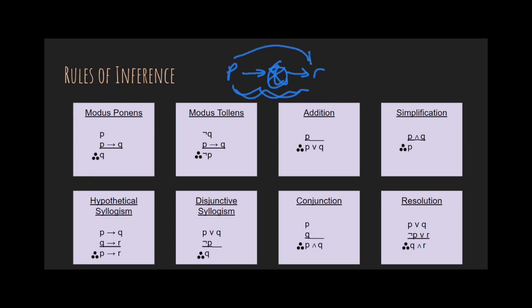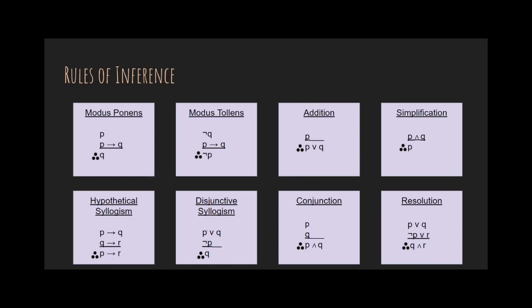We're just going to skip to the end, and we have P implies R, because if P is true, then Q is true. If Q is true, then R is true. So if this has to be true in both cases, then this would be true in both cases. Therefore, P implies R.